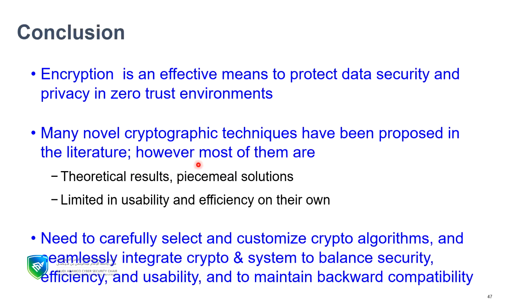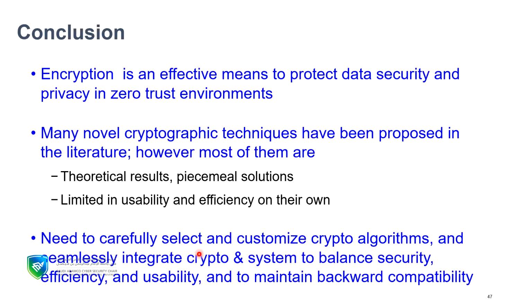But most of those results are theoretical research, piecemeal solutions. By piecemeal solution, I mean they can only solve one problem, right? They are not designed to work together. And therefore, they have limited usability and efficiency on their own.